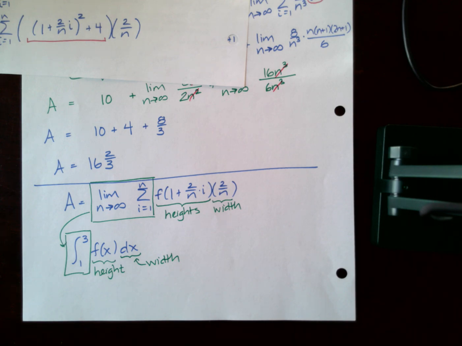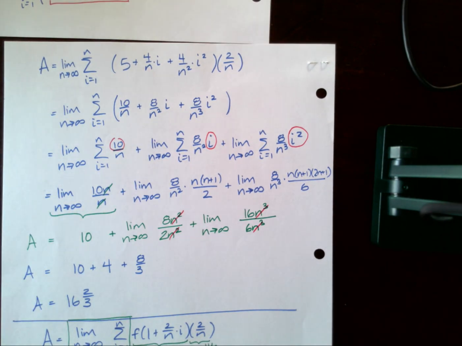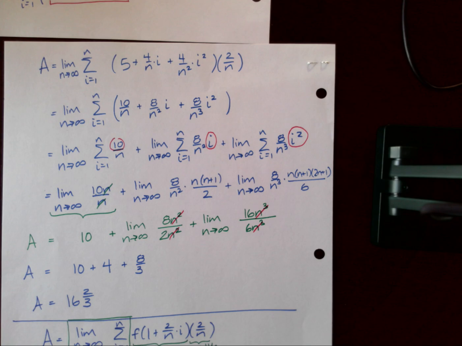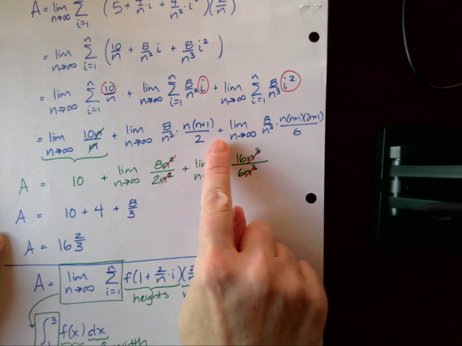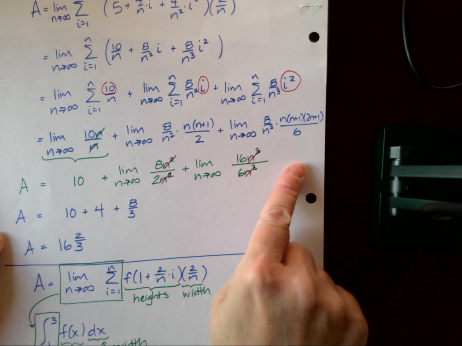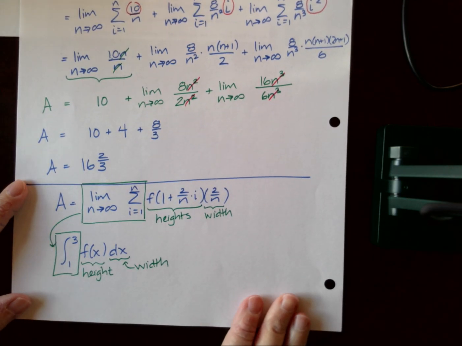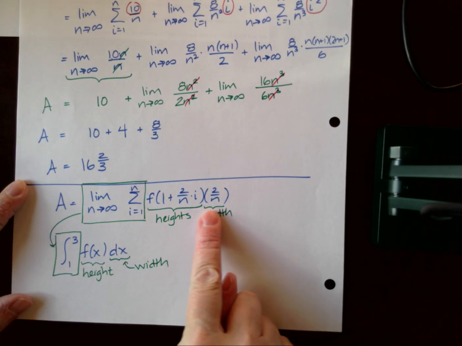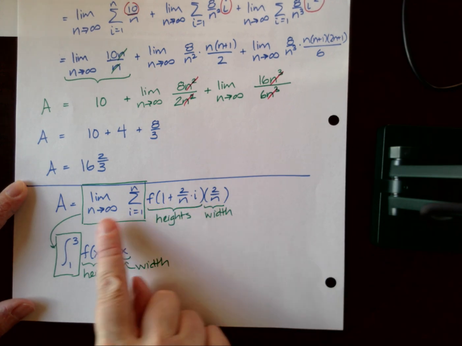All right, for this, I am unlikely to ask you to reproduce a summation like this, start to finish, all on your own. But I am likely to ask you things like, okay, we got here to the end, how can we work our way through something like this? Or even better, if I give you the area limit all set up, can you tell me what the component parts are?